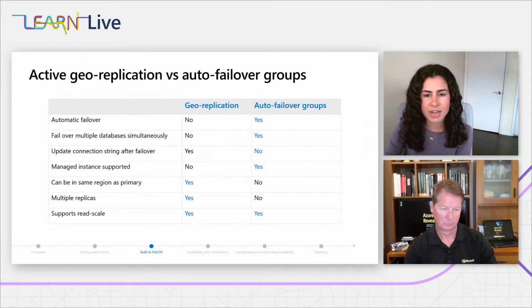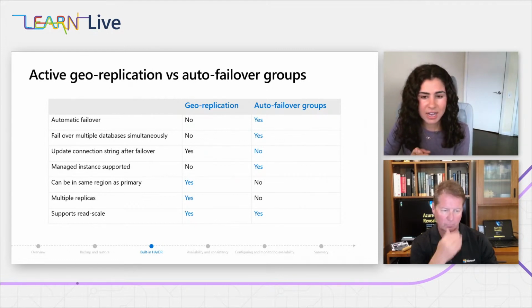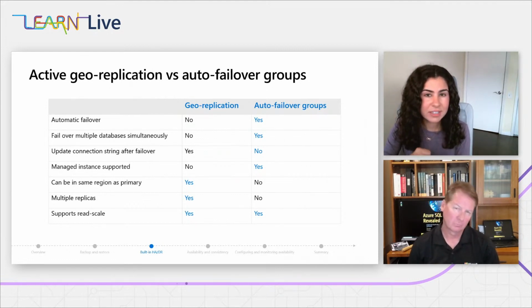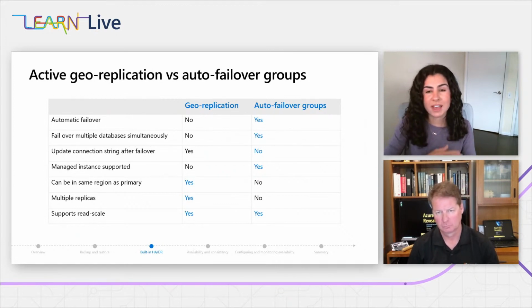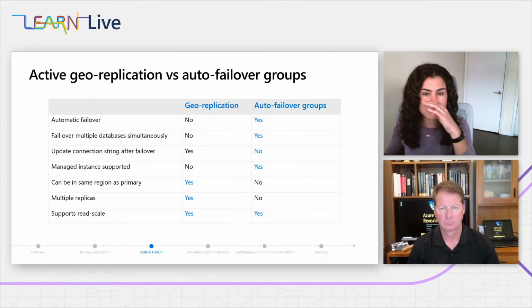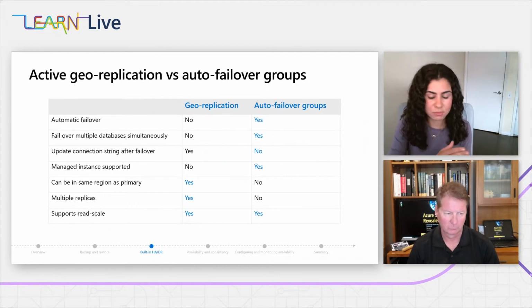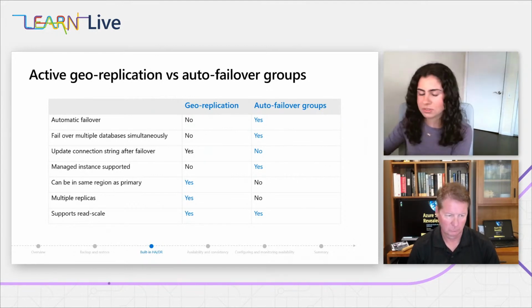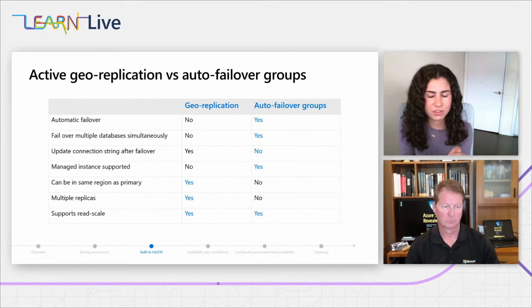So for example, Geo Replication supports having your replicas in the same region as your primary. It also supports having multiple databases being replicated. So you might replicate to East US, East US2, somewhere in Southeast Asia, the UK region, all these different regions you can have multiple of, and you can use all of them for read scale.